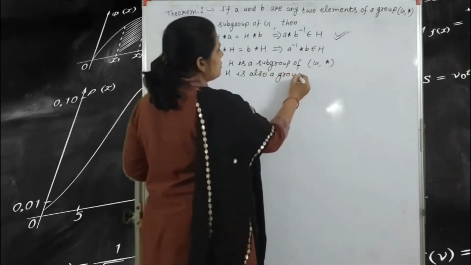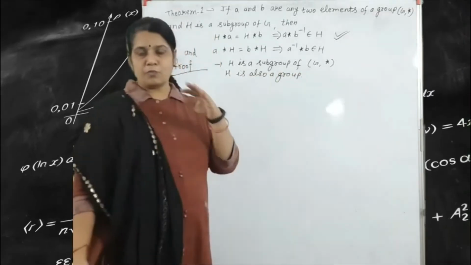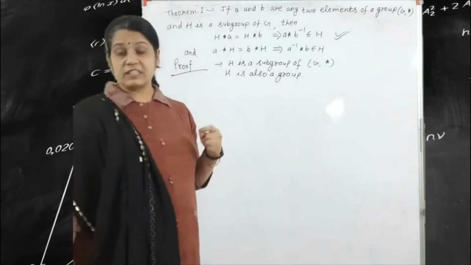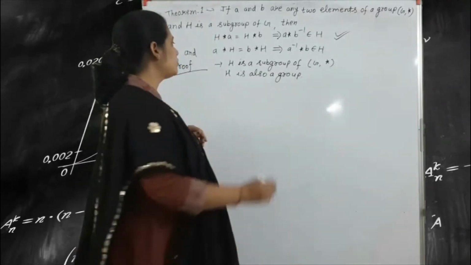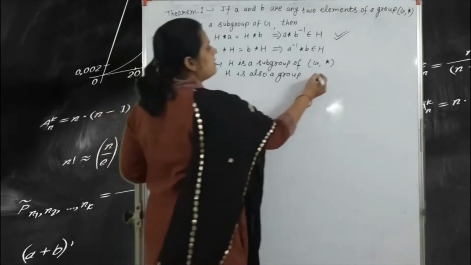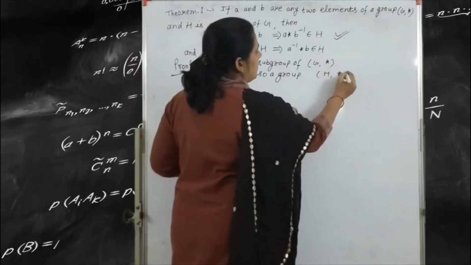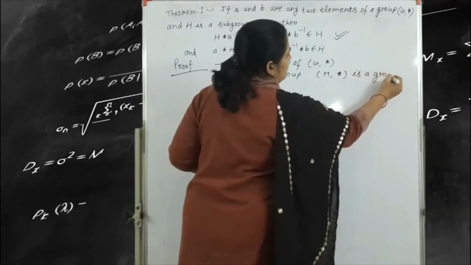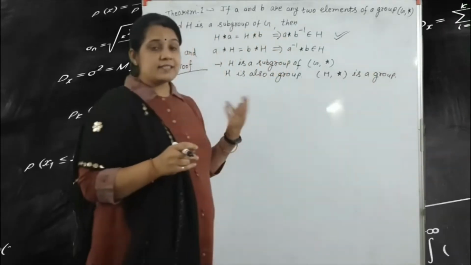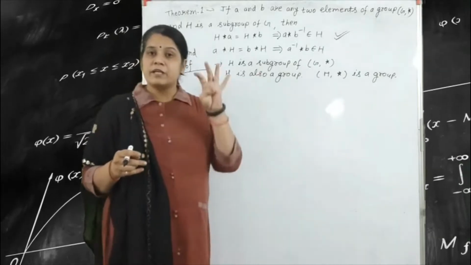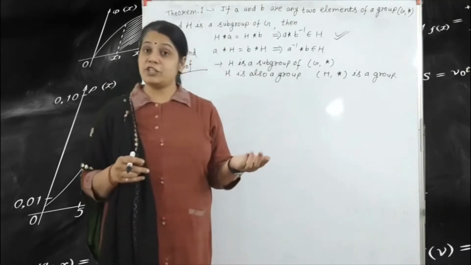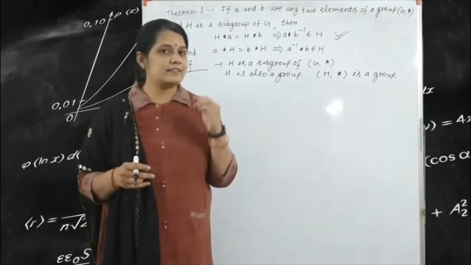Got it? Because H is a subgroup of G star, H is also a group. So we can say that H, star is a group. If H is a group, obviously the four properties are also satisfied: the closure property, the associative property, the identity, and the inverse.